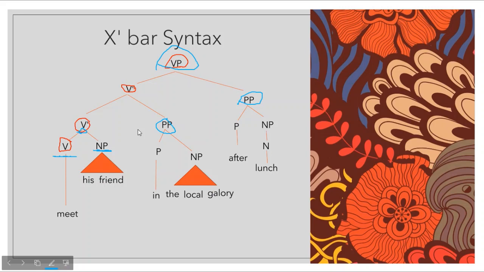Okay. So the head is sister to the complement, and the adjunct is sister to the X bar. The X bar can be V, it can be N, it can be whatever. Okay, so I hope it's clear.